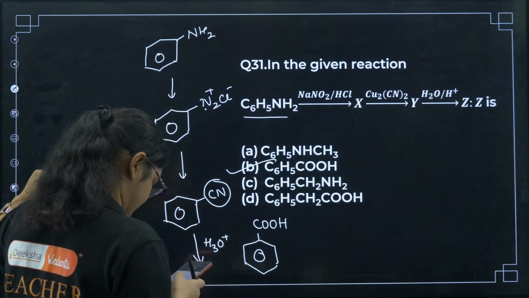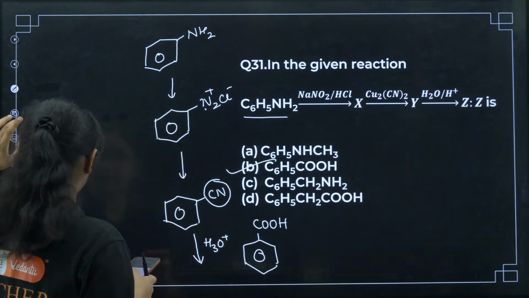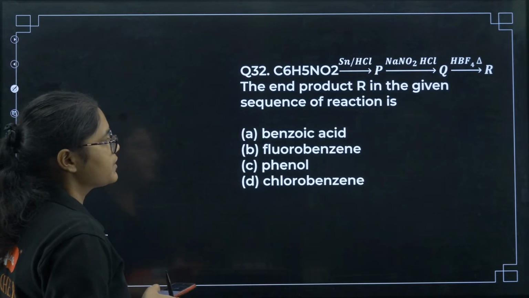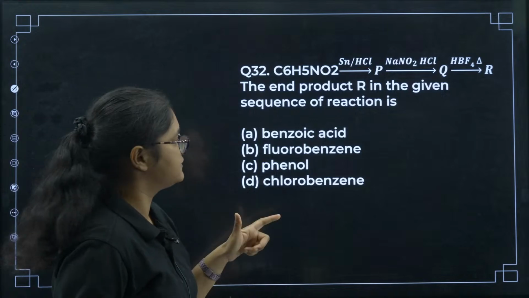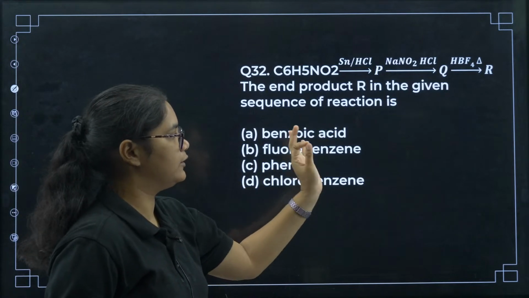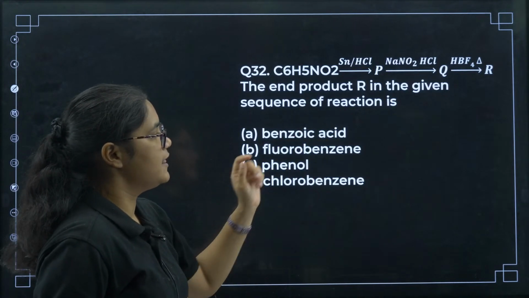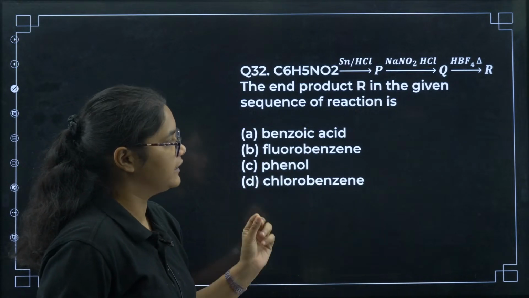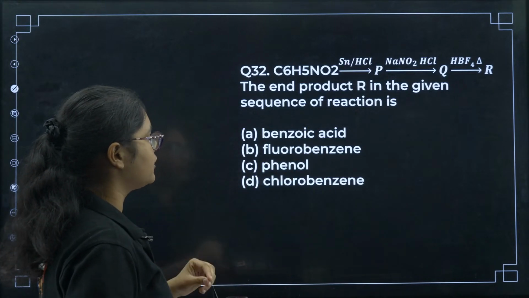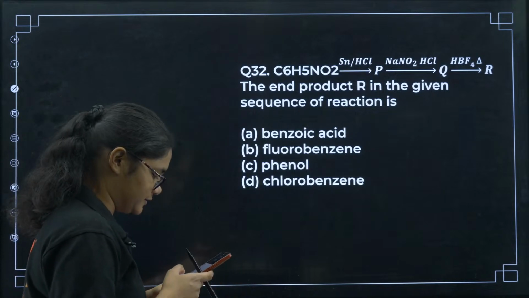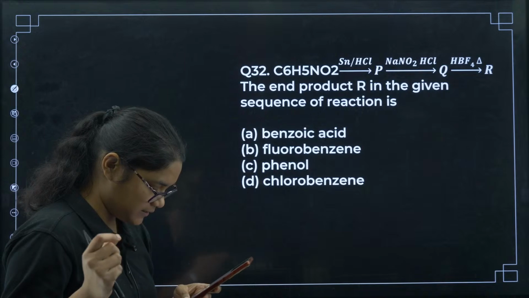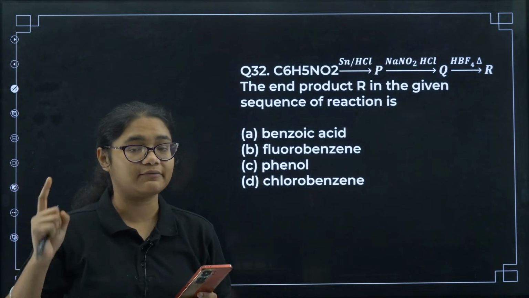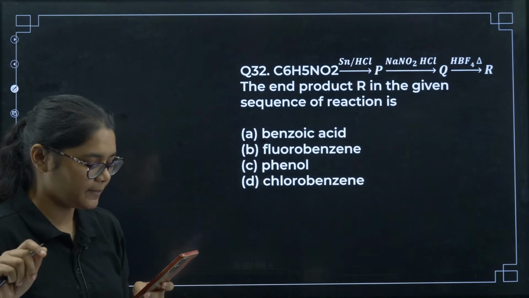Okay, now let's move forward to the next question, that is 32. C6H5NO2 is treated with Sn/HCl, then with NaNO2 and HCl, then with HBF4 and heating to give R. The end product R in the sequence of the reaction is? Quickly, I want everyone to answer this one correctly.